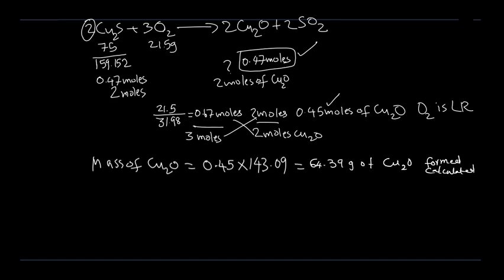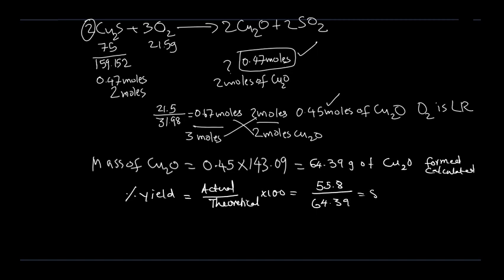Okay, and then we can calculate percentage yield. Actual yield divided by theoretical yield times 100, that equals 55.8 divided by 64.39, that equals 86.65%.